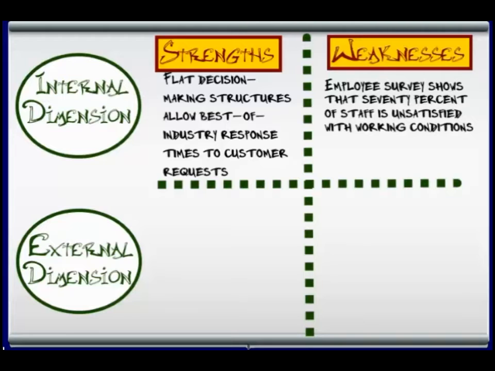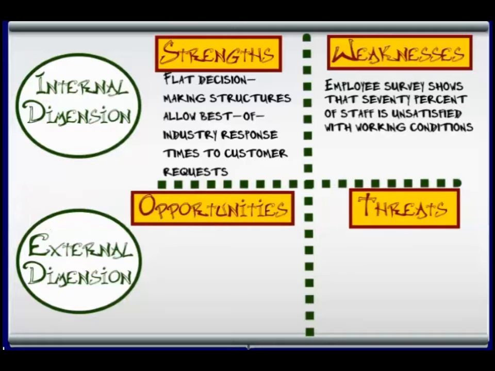In both cases, you'll notice that the strength or weakness is a result of something that has already happened in the past, and that it is a characteristic of the company itself, not of anything outside the company. In contrast, the lower external dimension focuses on the status quo outside of the company.